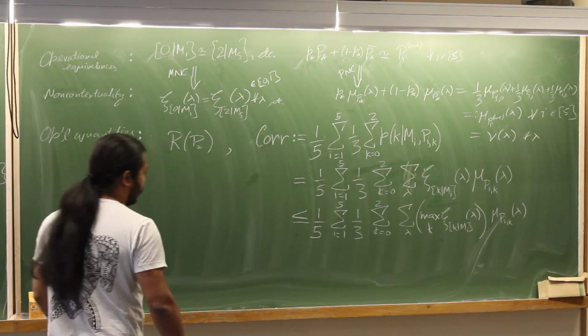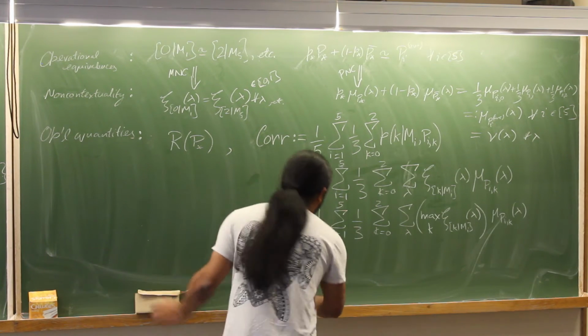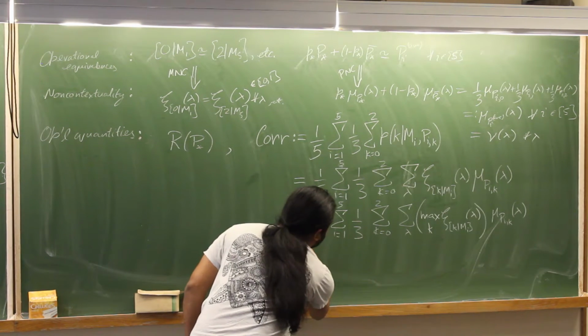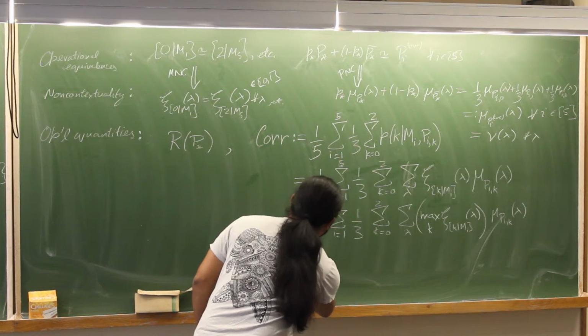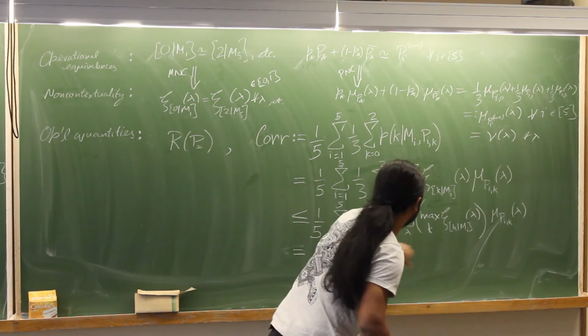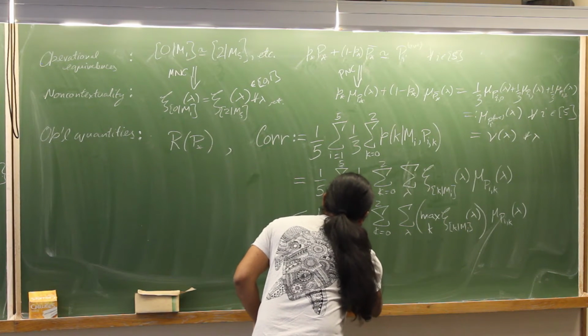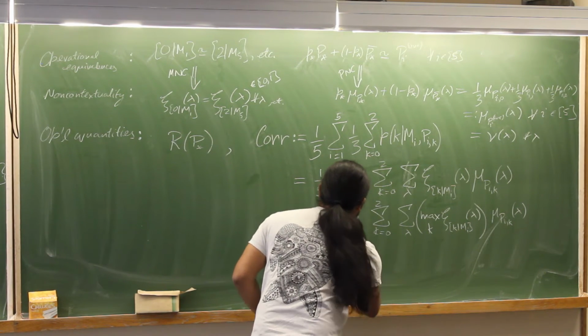So I will write this part here and then I'll move to the board. So basically, I take this out, i equals 5.